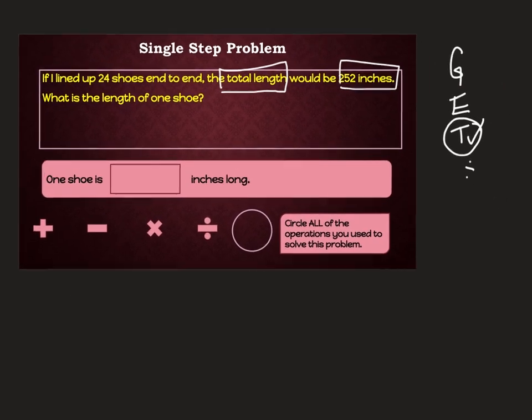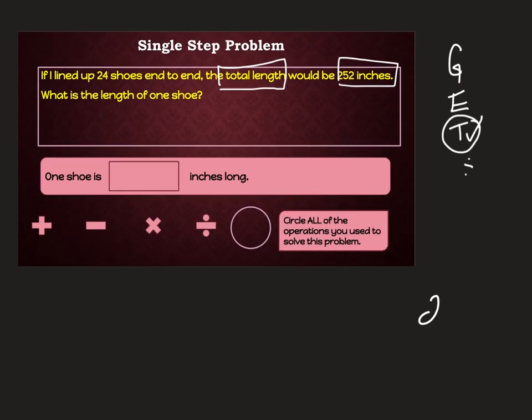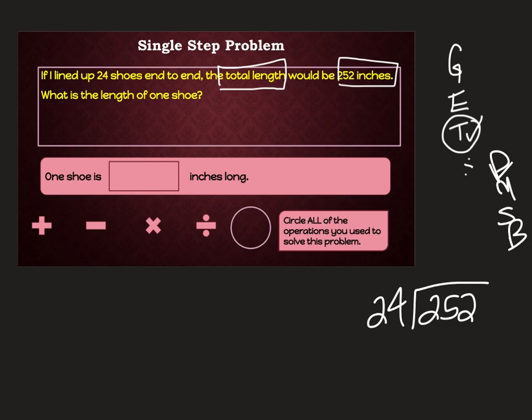So let's give myself some room here. We'll do 252 inches, and it's 24 shoes. I'm going to do my divide, multiply, subtract, and bring it down. Now, no decimals here. That makes it even easier.